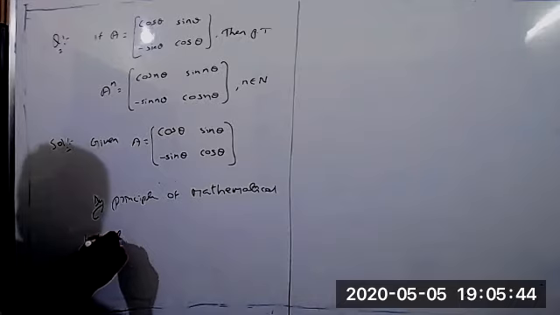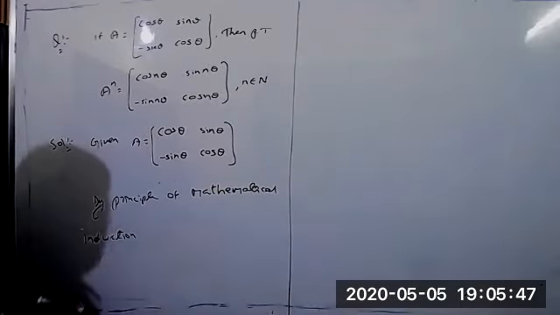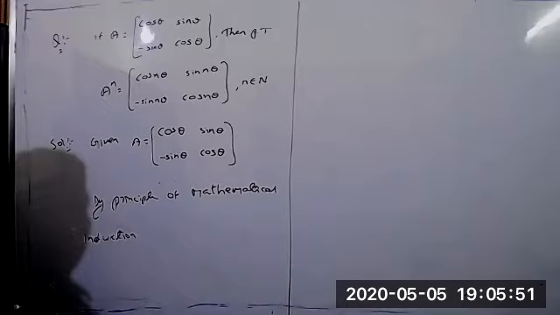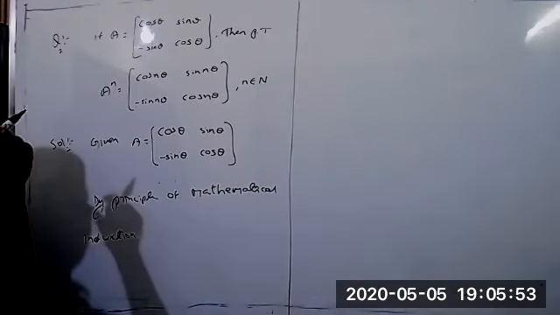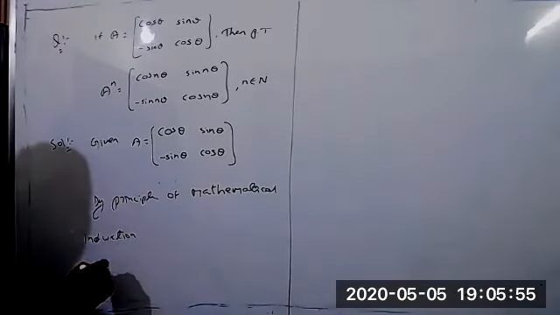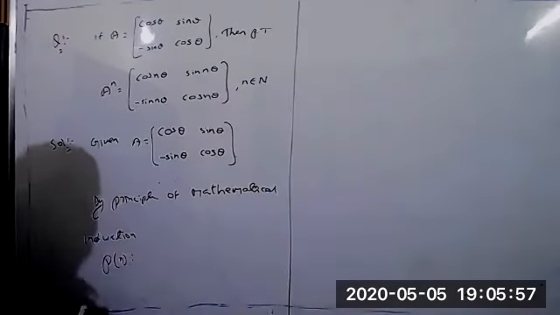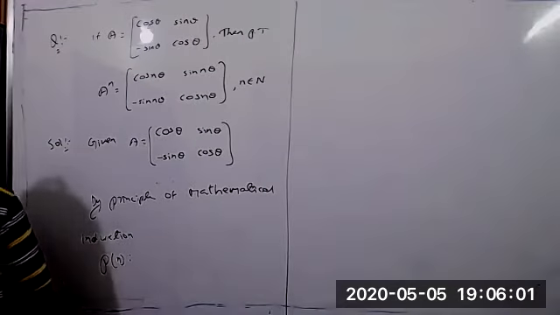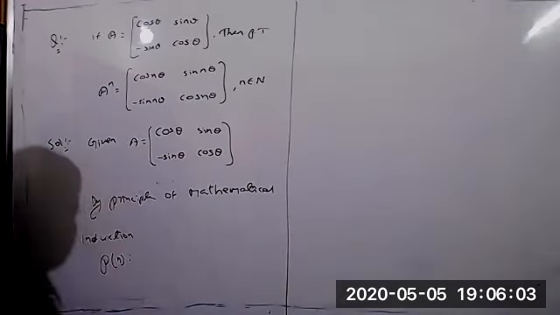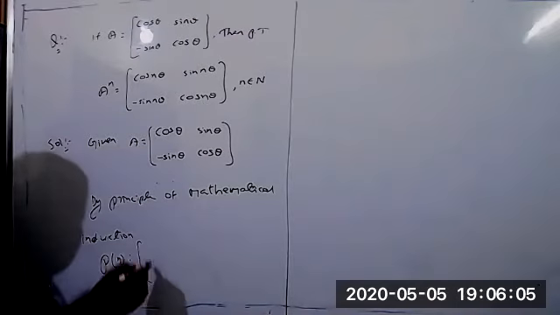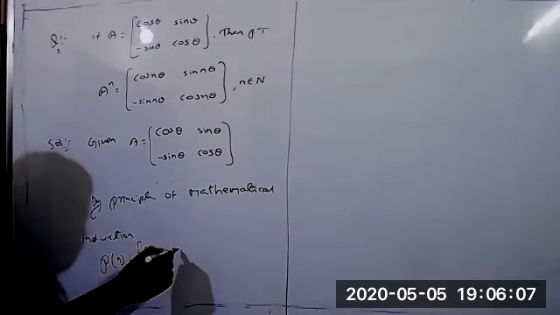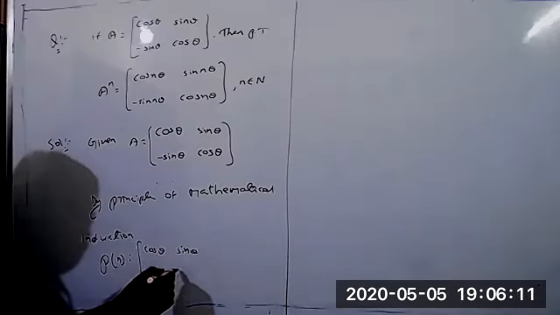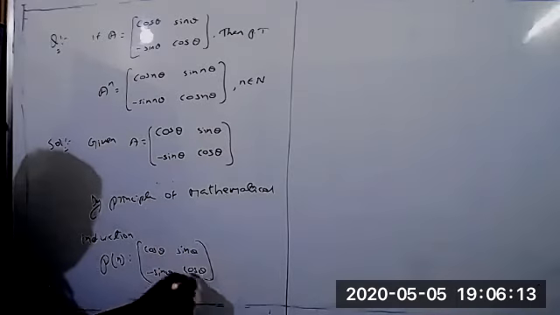Conditions you can take here now. The first condition, you take n equal to 1. n equal to 1 you can substitute there now. Take that P of n is that matrix. Whatever the given value is, cos theta, sin theta, minus sin theta and cos theta, remember that.